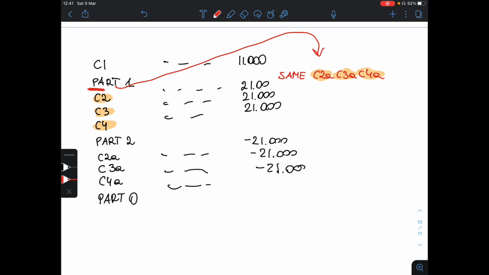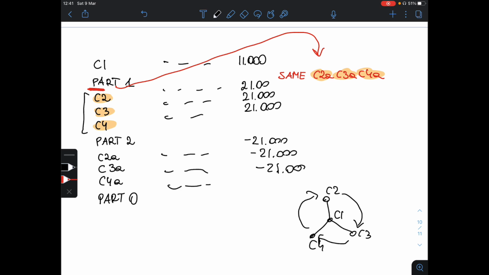But again, we also know that the tert-butyl group has its own internal symmetry, right? C1, C2, C3, and C4. So we want to reflect the fact that if you rotate everything by 120 degrees, it will be the same in terms of distances. It should be the same, okay? So how do we do that?